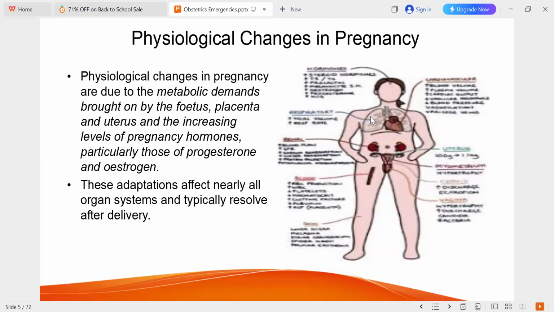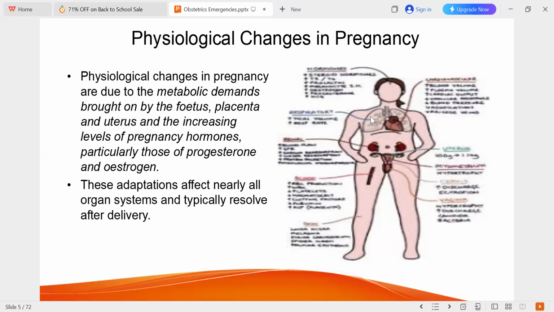Note that these adaptations affect nearly all the organ systems, from head to toe, and they typically resolve after delivery.